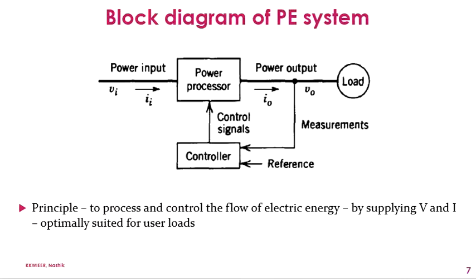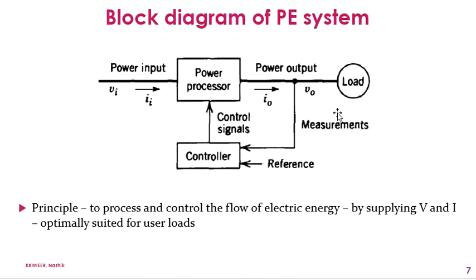Now we will see the basic block diagram of a power electronics system. So here you can see the power input to this power processor is usually the electric utility at a line frequency of 60 or 50 Hz. It may be single phase or three phase. The phase angle between input voltage and current depends on the topology and the control of the power processor.